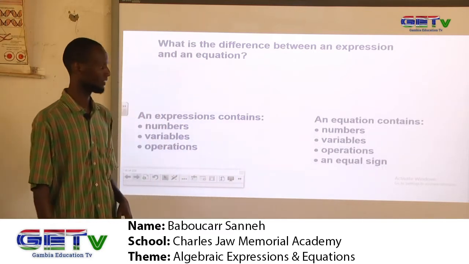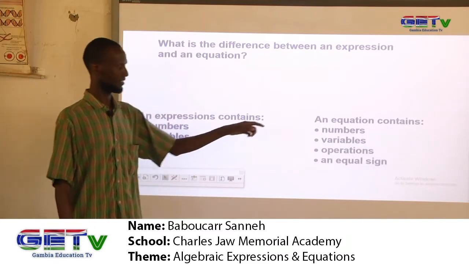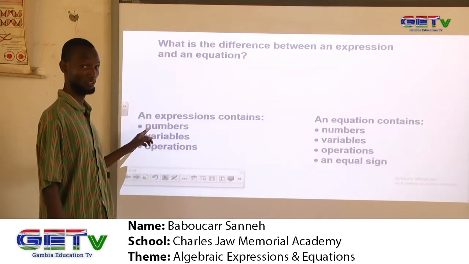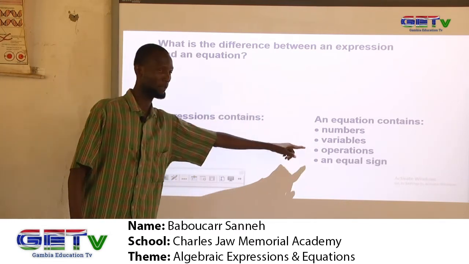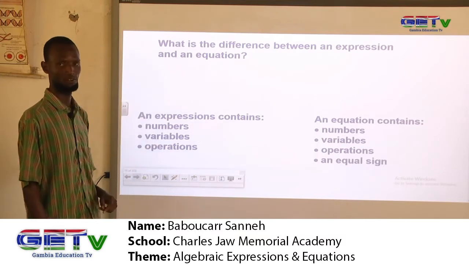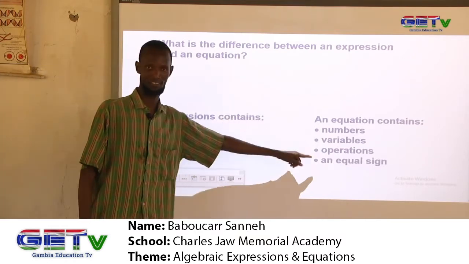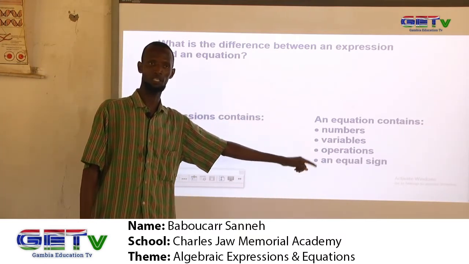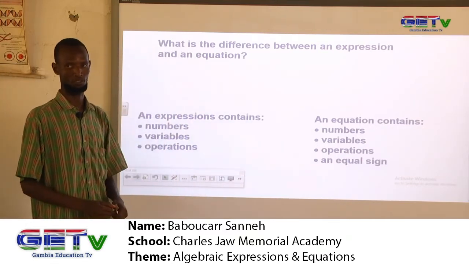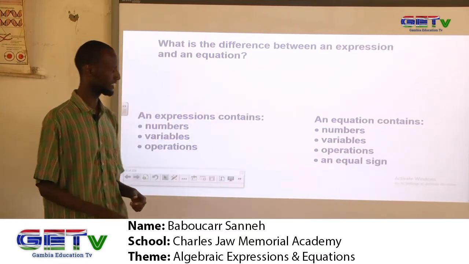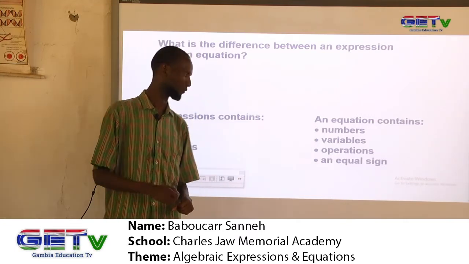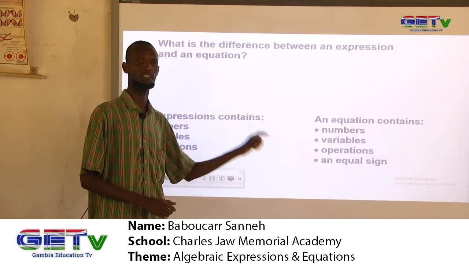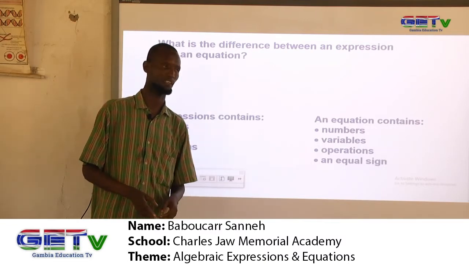An equation contains numbers just like the expression, variables just like the expression, operations just like the expression, but an equal sign, which is absent in the expression. So therefore, we can easily say that the only difference between an expression and an equation is the equal sign. That is their only difference.